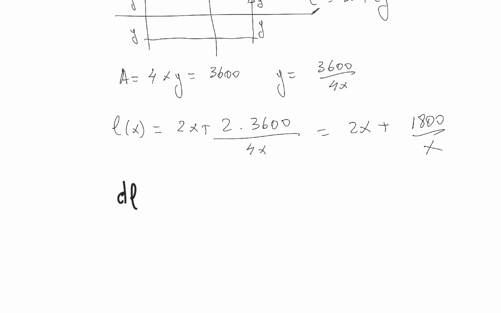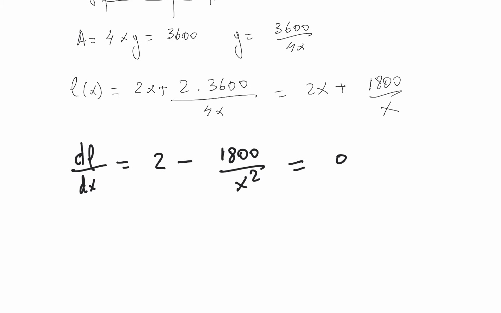So the derivative of L with respect to x will be 2 minus 1,800 times the derivative of 1 divided by x, which is minus 1 divided by x squared. And I want this to be 0. I want to find where the slope is 0, which is a maximum or a minimum.